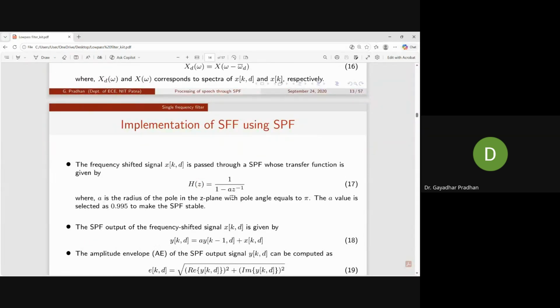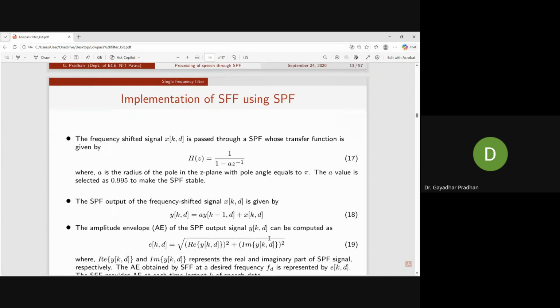This is the same equation as before. In yk, the d term is there because I have to represent different frequency bins, therefore I am writing d. So it is the same equation, a y n minus k xk, and whatever amplitude I get is a complex envelope, so I have to take the magnitude. If you apply the Fourier transform, you get a complex number.